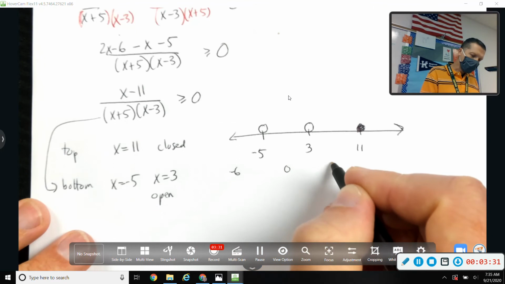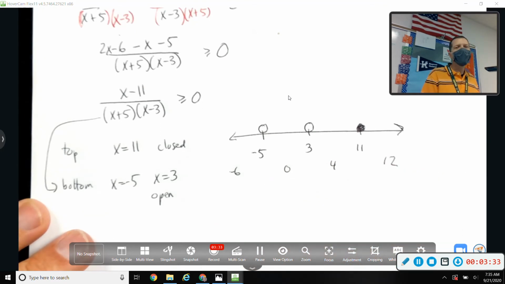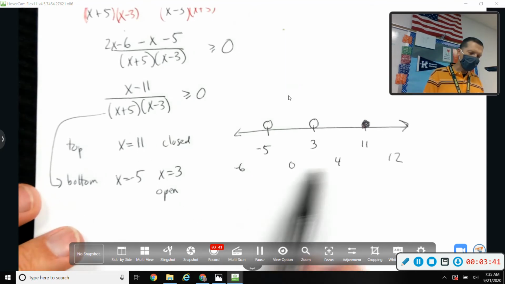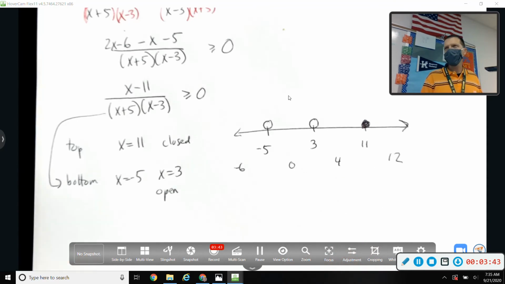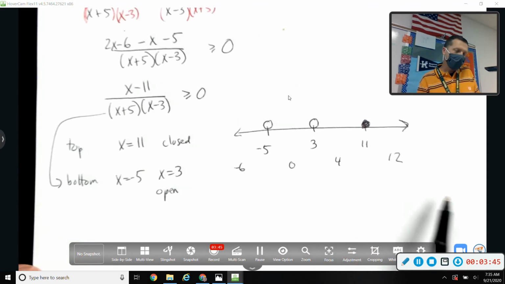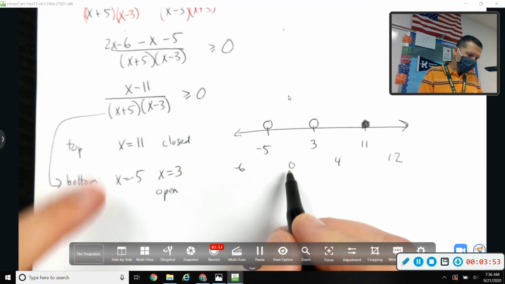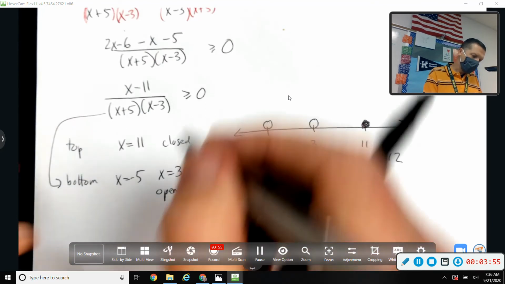So pick a number on each interval. Although, if you know the alternating rule, you can kind of skirt your way around checking every single interval. I think I'll check 2, just to make sure things look right. If you want to really be sure, you check all 4. If you trust yourself, you could just check 1. So definitely want to check 0, because that's an easy check.